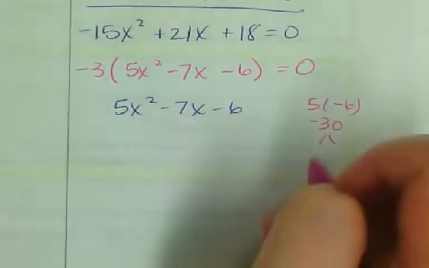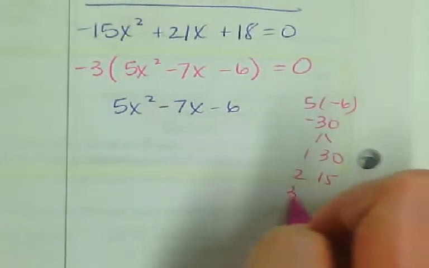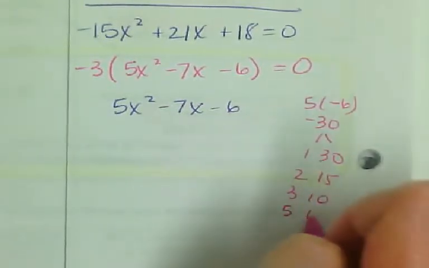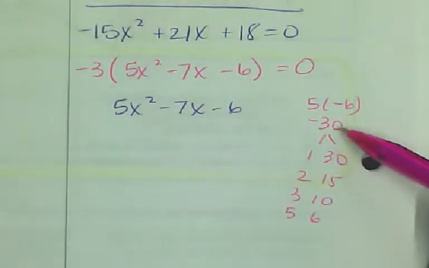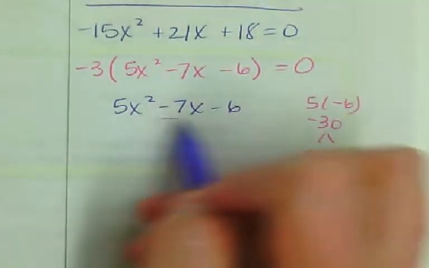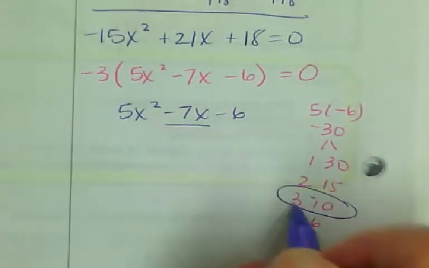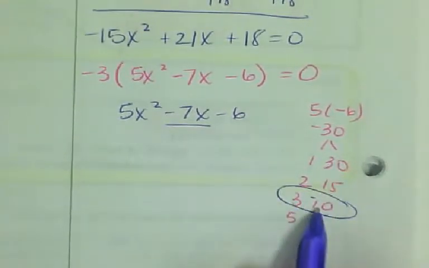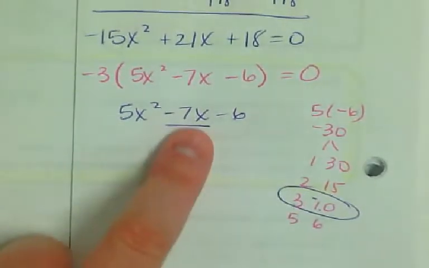So my factors of 30 are 1 and 30, 2 and 15, 3 and 10, and 5 and 6. Because I have a negative product, I have to have one negative number and one positive number. And they have to add up to give me that negative 7. So I'm going to go with this right here. Positive 3 and negative 10. So 3 times negative 10 is negative 30. 3 plus negative 10 is negative 7.